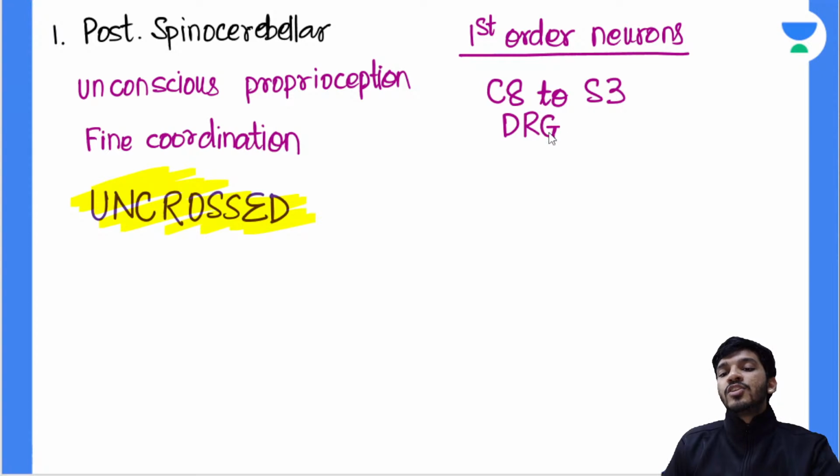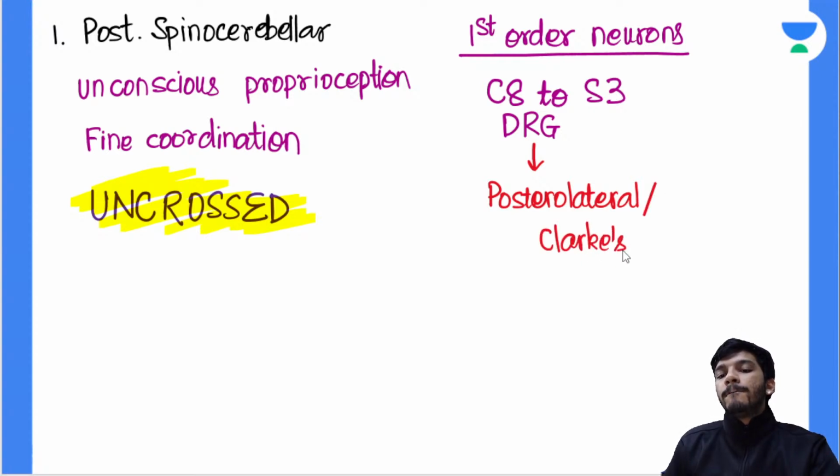From there they go to the spinal cord. In the spinal cord, they will synapse in the posterior lateral column, also called Clark's column. So they will synapse in the Clark's column.